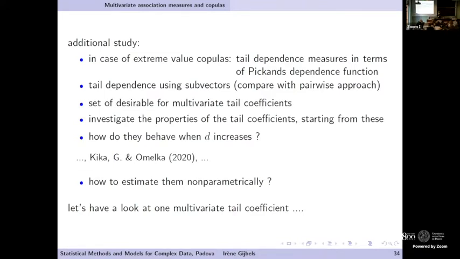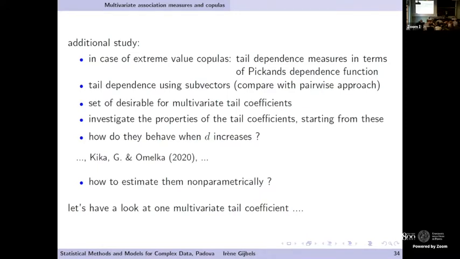So you could try to study what's happening with that, and in that context also present new tail coefficient measures, which you could also look at in a kind of pairwise approach, which we did. We looked at properties when you add an independent component, what happens. For me, this was so basic, and I was so surprised that this was not available in the literature.